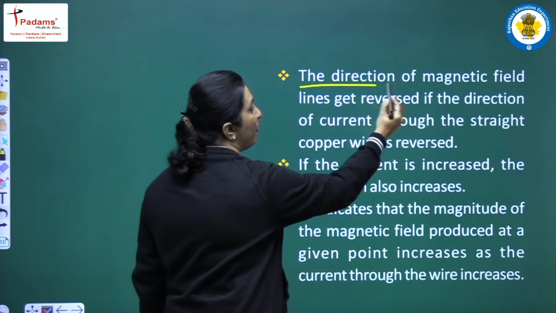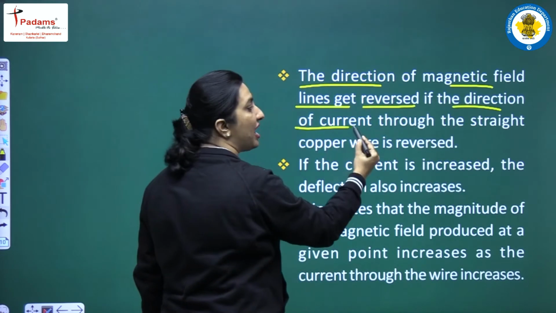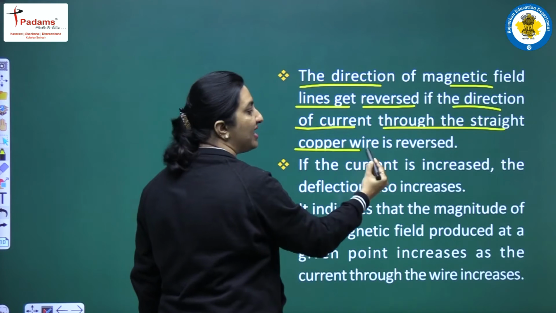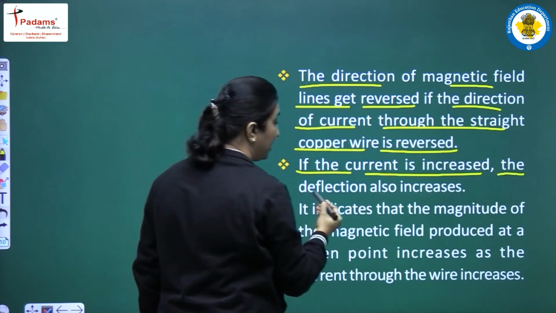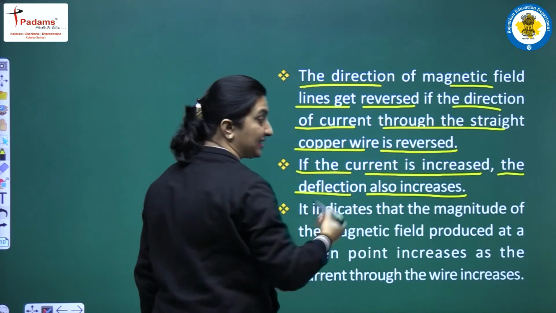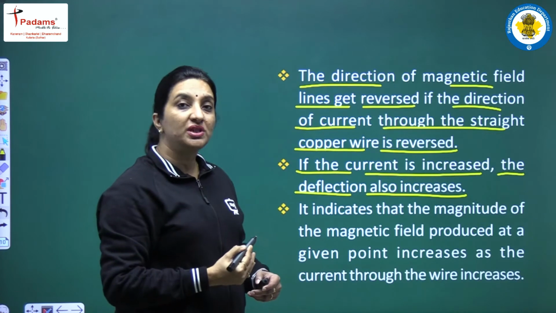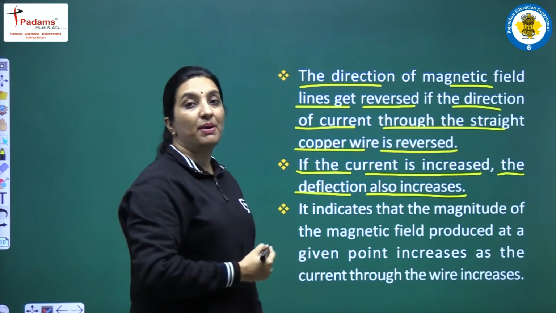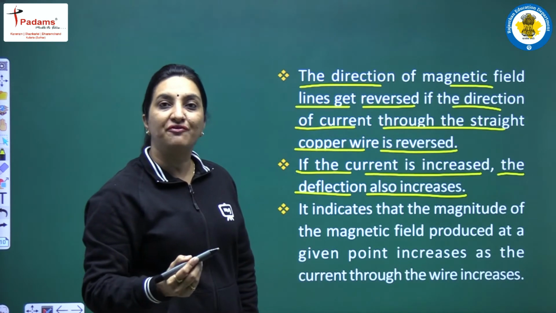The direction of magnetic field lines gets reversed if the direction of current through the straight copper wire is reversed. If the current is increased, the deflection also increases. Students, if the current through the wire is increased, the deflection in the compass needle also increases, indicating a stronger magnetic field.